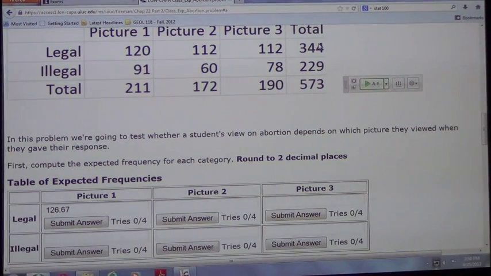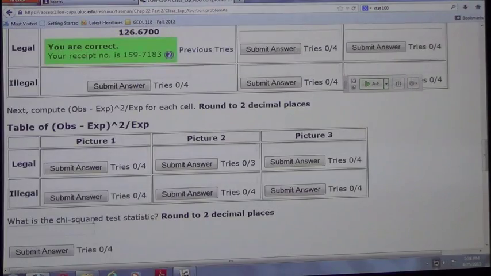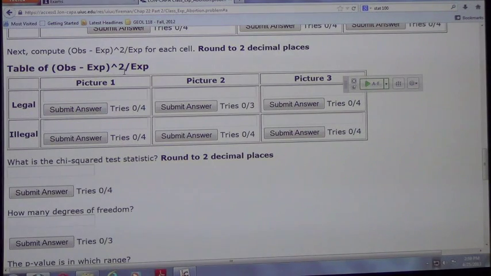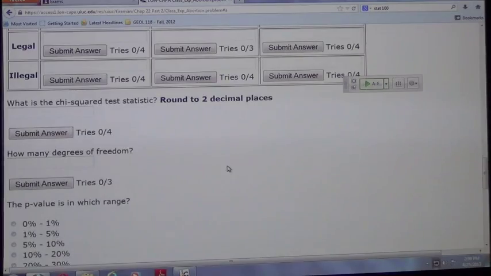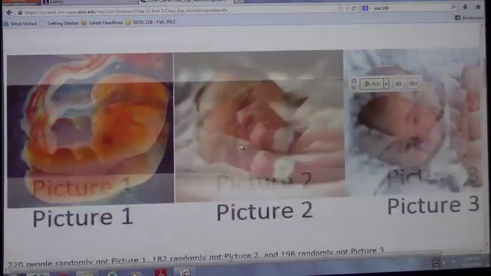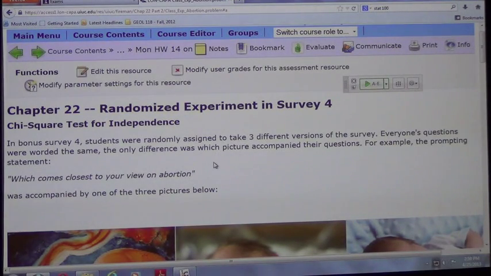So you're going to take that times that and divide it by that. Is that what you did? 211 times. Okay, let's see if it works. Yahoo! It does. Okay, so then after you get all these, you're going to have to do your observed minus your expected squared over the expected and get those 6 answers. And then you'll finally see whether it's significant or not. Kind of interesting. Okay, so that's your homework.